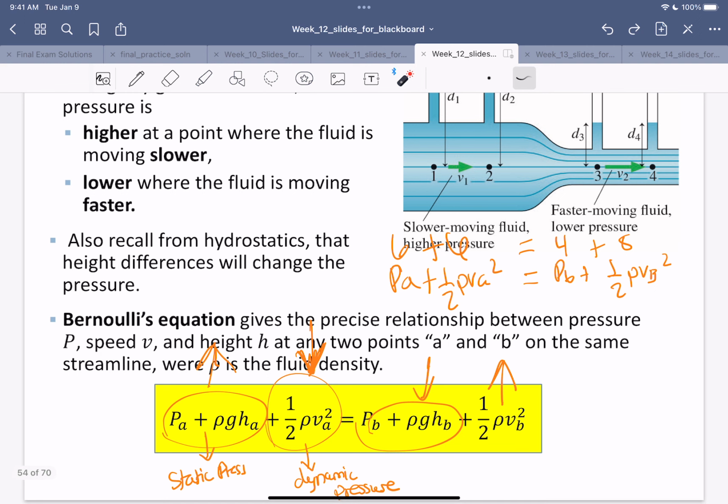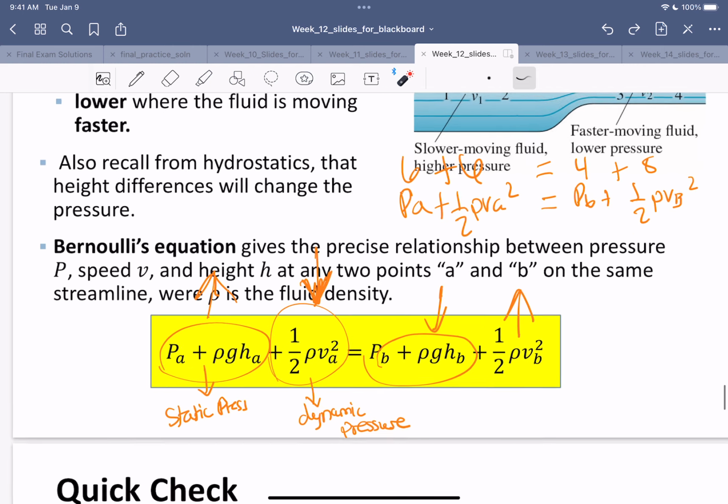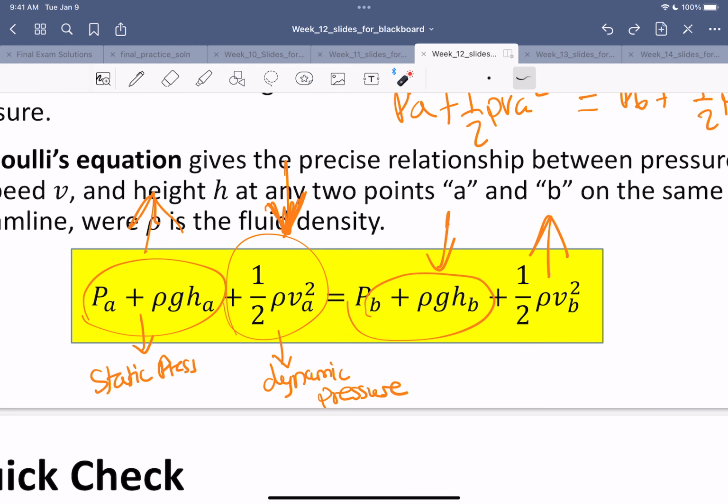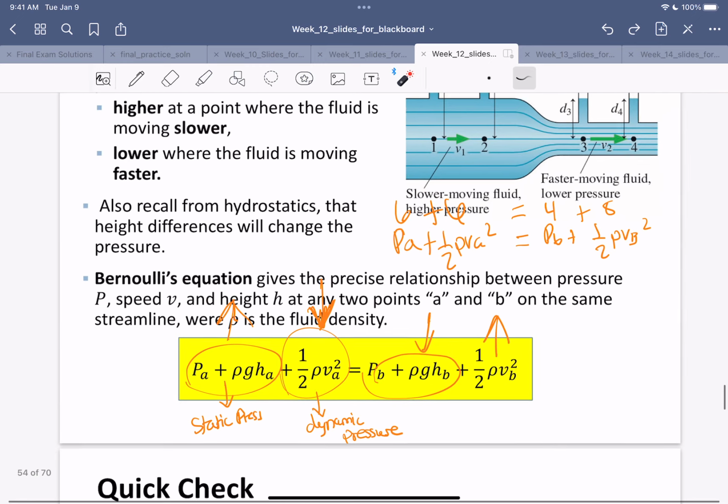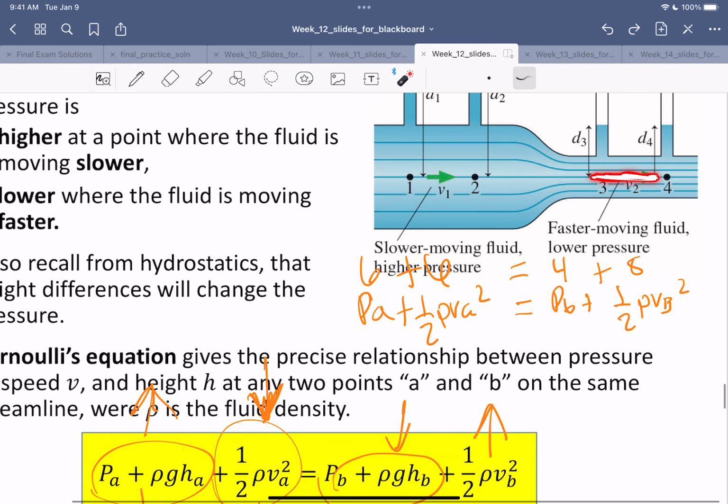So the idea here is that since there's an equal sign in the middle here, both sides have to be equal to each other. If I see an increase in one type of pressure, I might see a decrease in the other type of pressure just to compensate, right? So essentially, I know that as I decrease area based on the continuity equation, if I'm maintaining flow, I should see an increase in my speed, right?